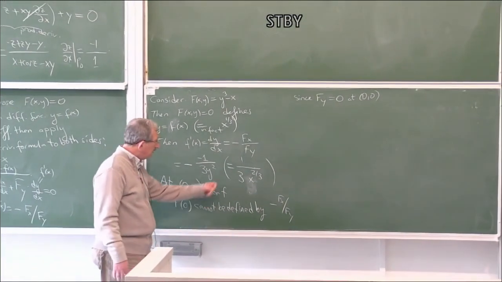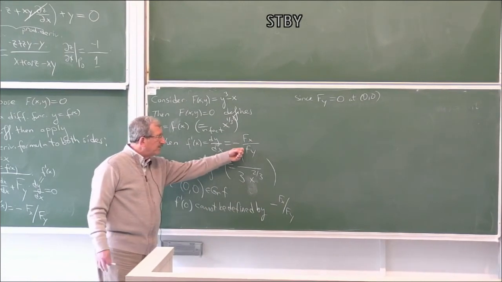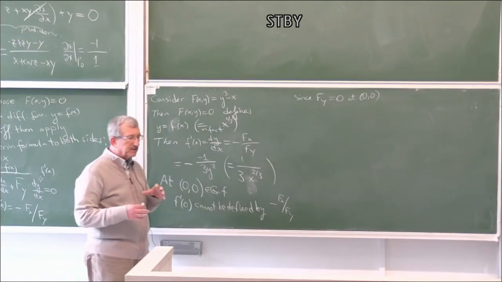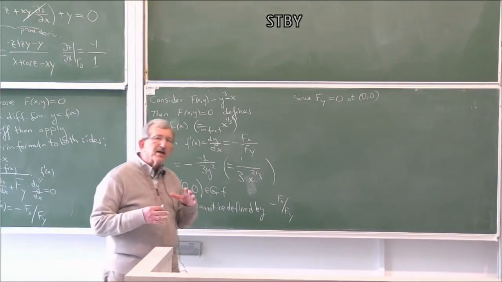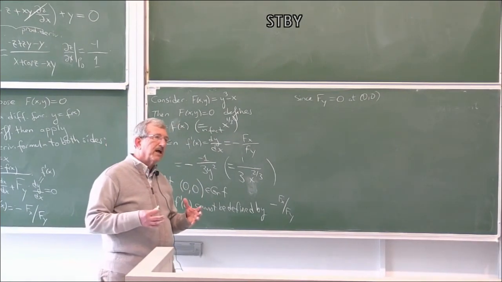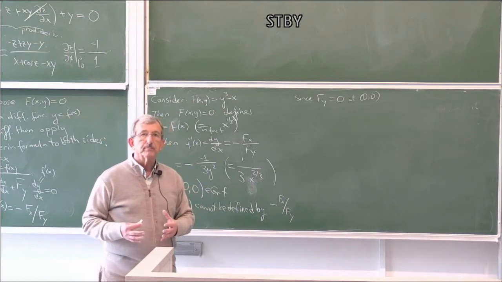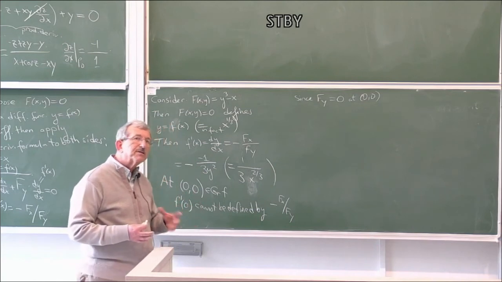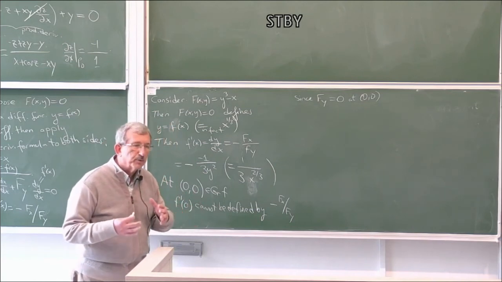So this tells us that if f sub y is 0, it tells us that we cannot solve the system for y as a differentiable function. We can solve it as a function, but not as a function with a derivative.